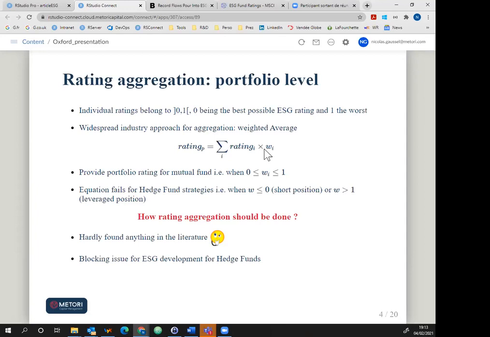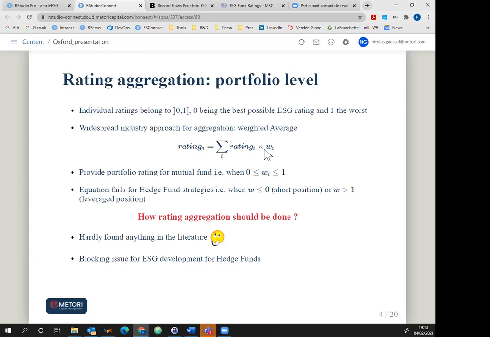Yes, but the normalization is not straightforward, because if you are long 100% of your wealth and short 100%, the weight might be 0 at the end. And so indeed, you are looking for some normalization somewhere, but the right one is not immediate.